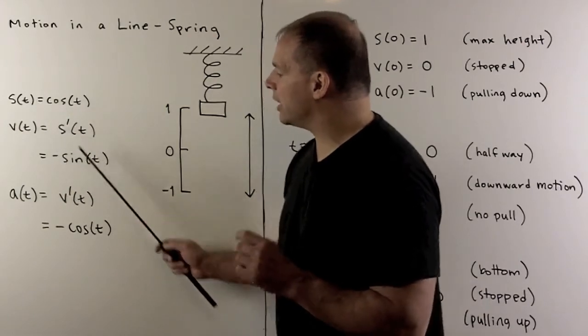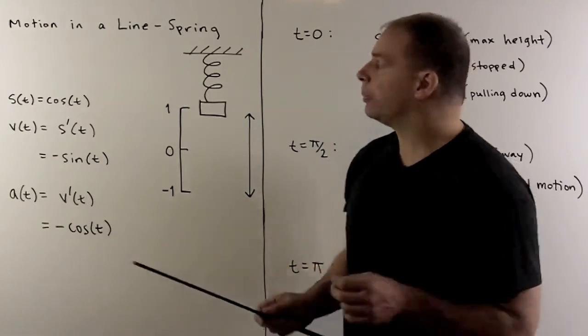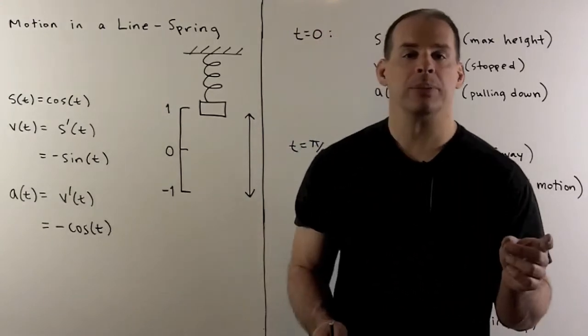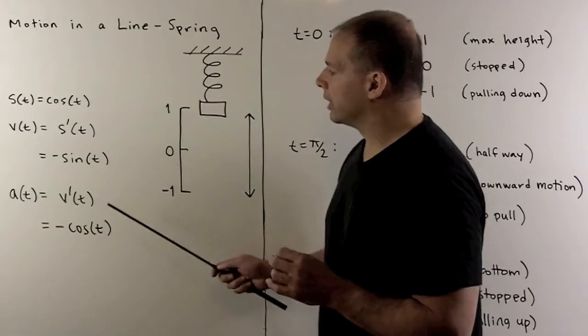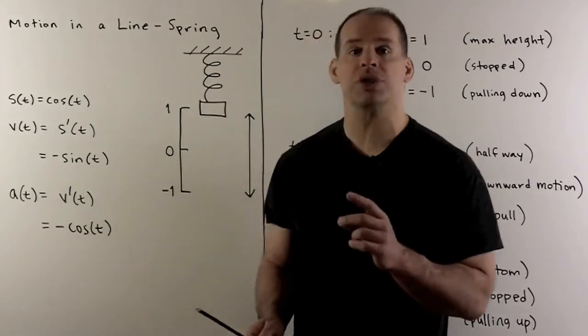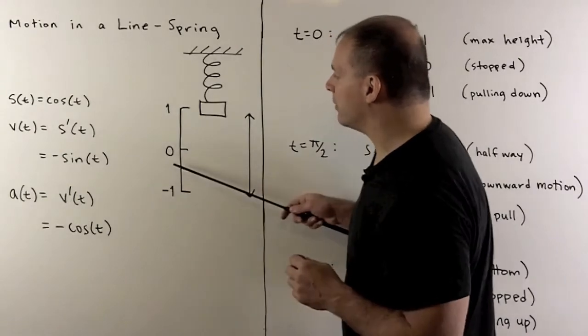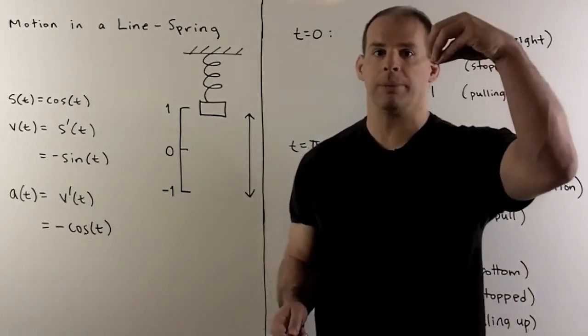Derivative of the velocity is going to be minus cosine of t. So you'll note the position and the acceleration are equal up to a sign. So this means whenever we're in a positive position, if acceleration is a stand-in for force, we're pulling down. If the position's negative, then the acceleration is positive, meaning the force is pulling up.